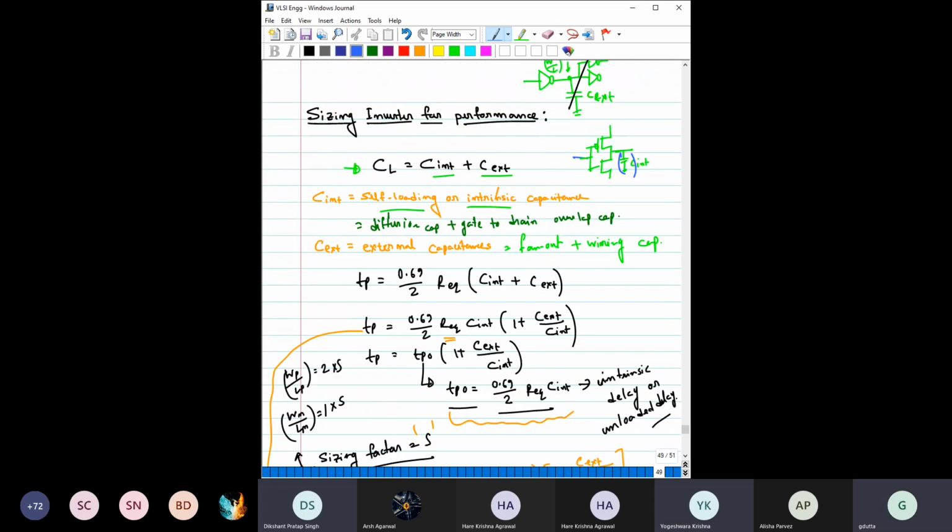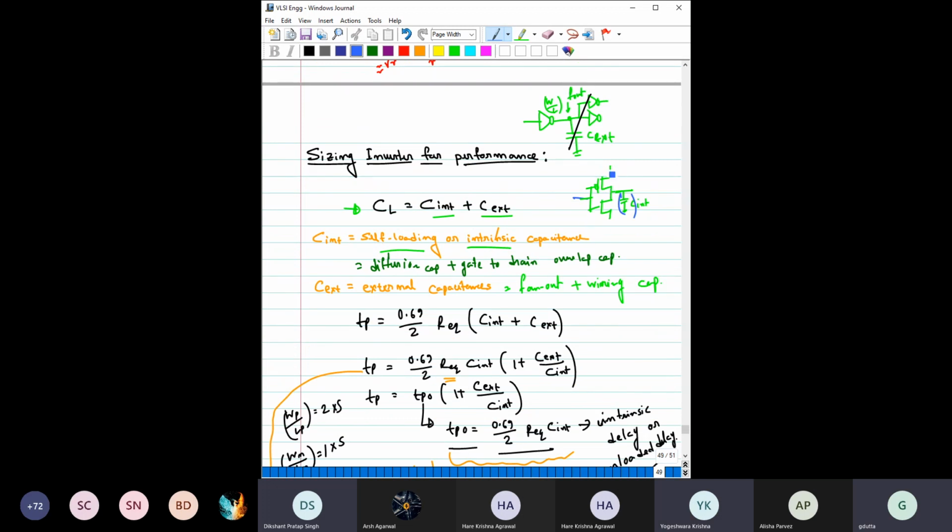Okay. And one more thing is that suppose this is the load and this is the inverter, and you can arbitrarily make this inverter large. But we have to also remember that there is some gate before that which is driving this inverter. So if you make this inverter pretty large, then its gate capacitance is also going to be extremely large, and for the previous inverter, which is just driving this next inverter, this is a huge load.